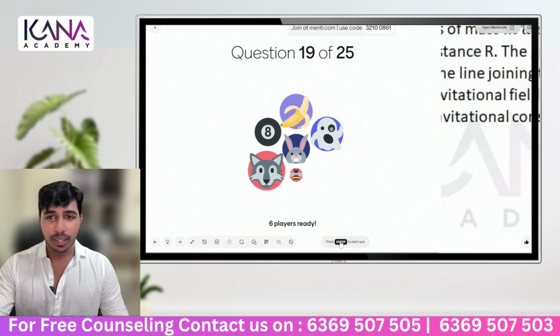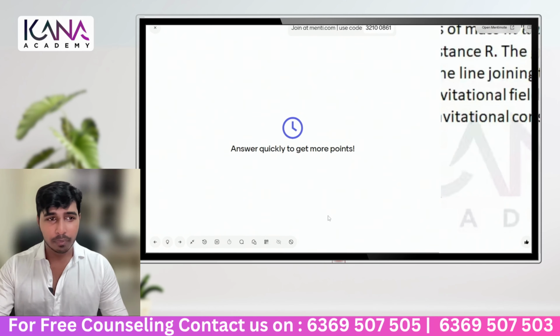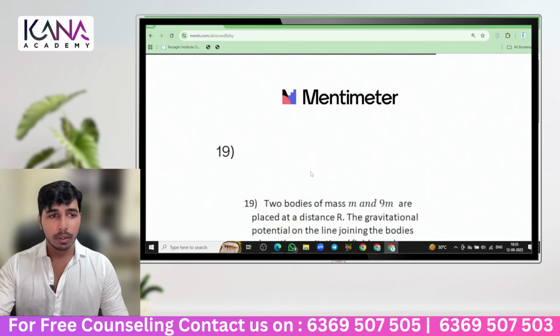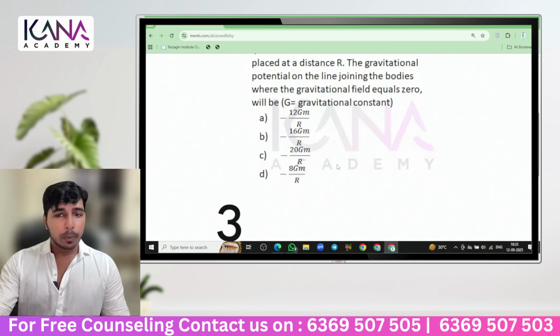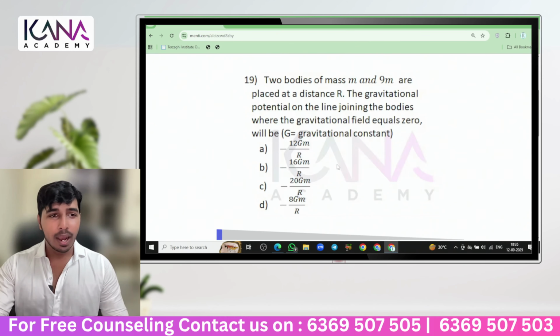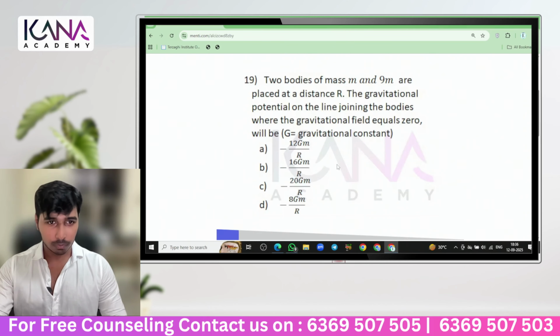So question number 19 out of 25 MCQs. Okay. Two bodies of mass m and 9m are placed at a distance r. The gravitational potential on the line joining the bodies where the gravitational field equals 0 will be, G equal to gravitational constant.